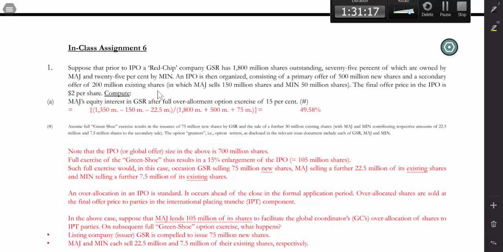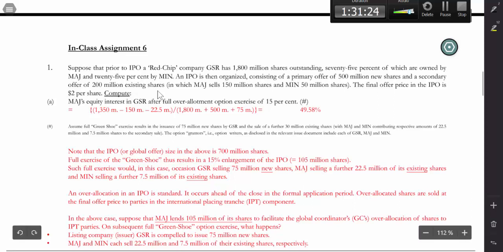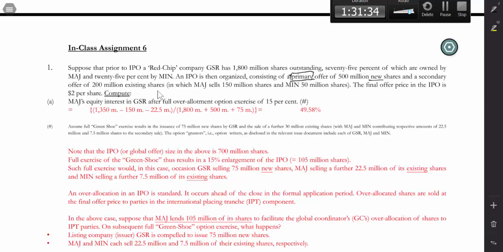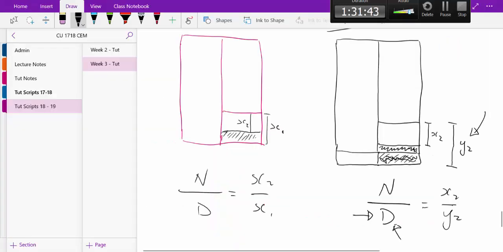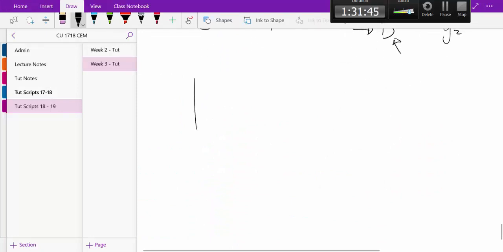You then organize an IPO where there is a primary offer, so new shares. Every time I see primary, I'm thinking new. That word must appear somewhere. Okay, so new shares 500, and a secondary offer of 200, of which 150 comes from the major shareholder and 50 from the minor. Now, without looking further, I kind of can figure out.